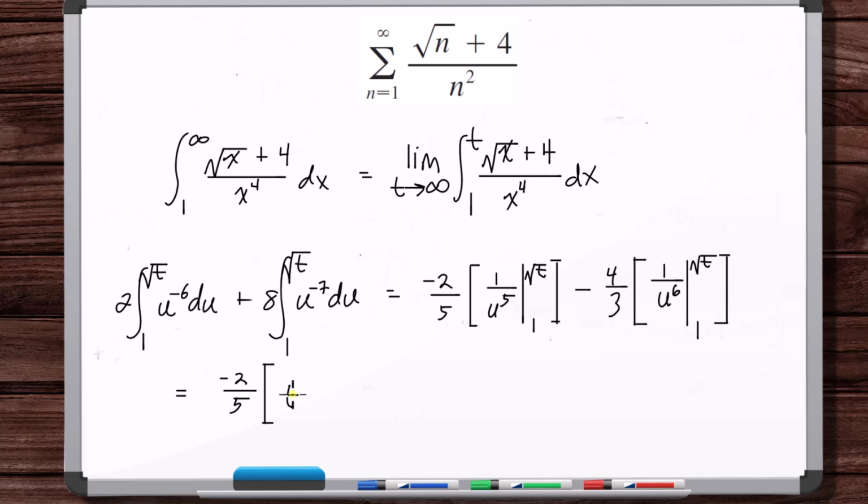So we can just say t to the minus 5 halves, then minus 1, minus 4 thirds, 1 over, so that's going to be t to the minus 6 halves, so t to the minus 3 minus 1.